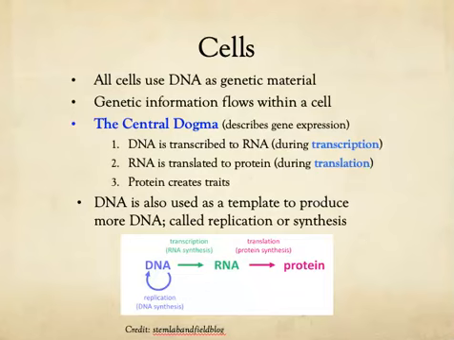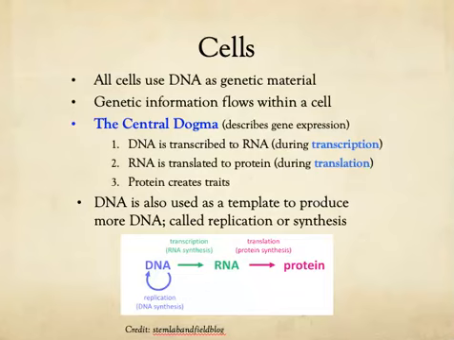Remember that the central dogma has 3 distinct statements in it. The first says that DNA is transcribed to make a molecule called RNA. And that process is referred to as transcription. The second statement says that RNA is translated to produce protein.